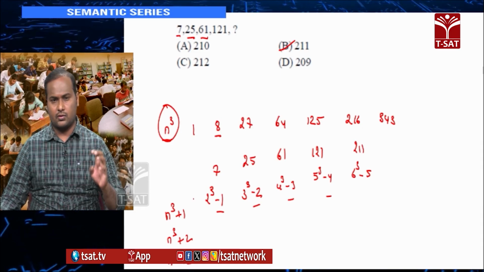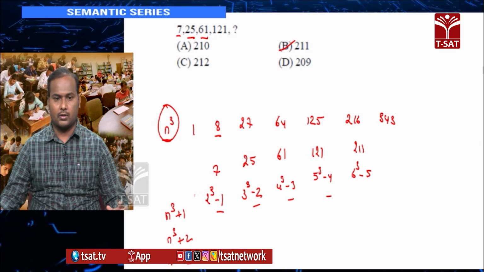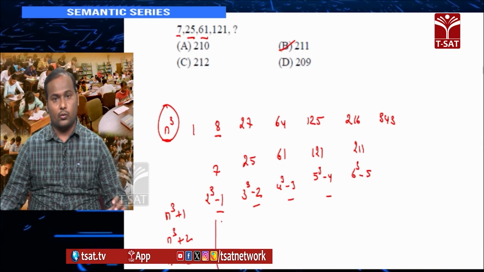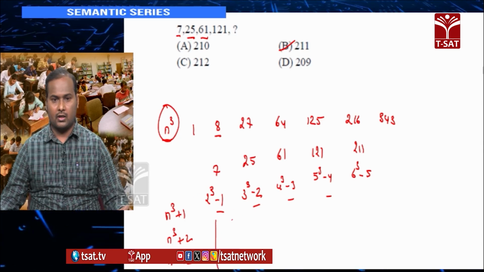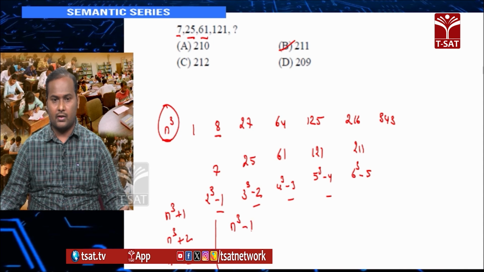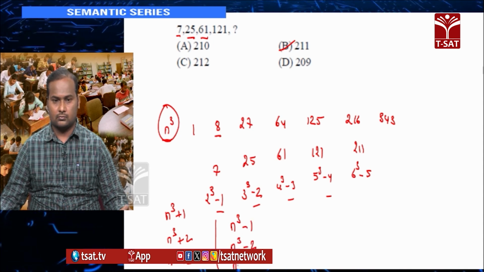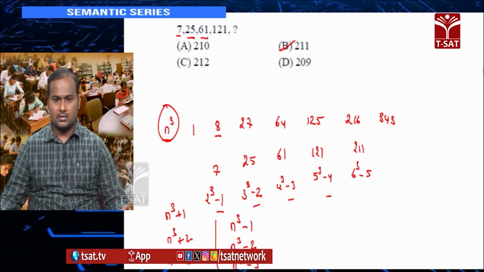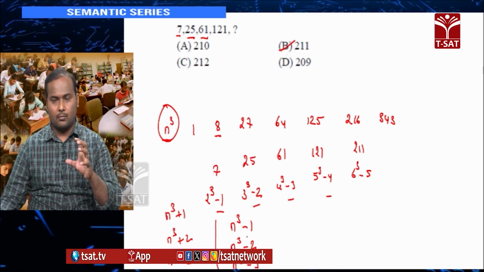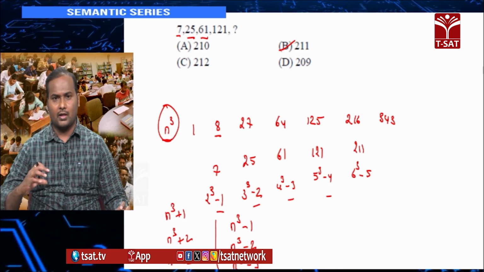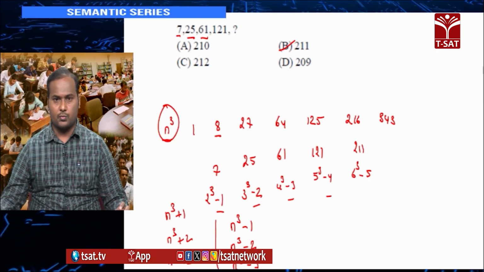So, all the values near. You just keep that in mind, that is very important. In the same way, you need to remember n cube minus 1, n cube minus 2 and n cube minus 3. So, keep the number range. It is given the cubes, again the values near the cubes as well.